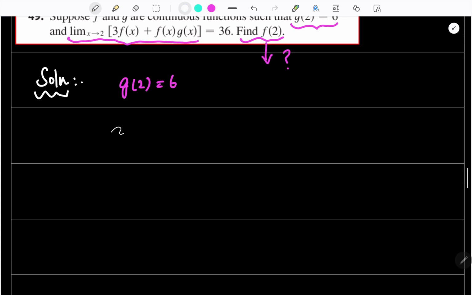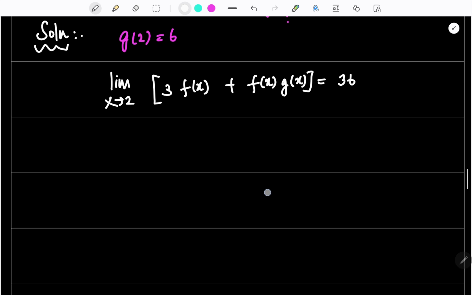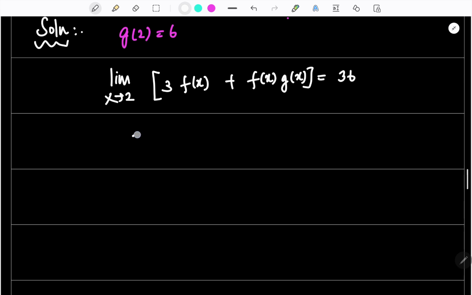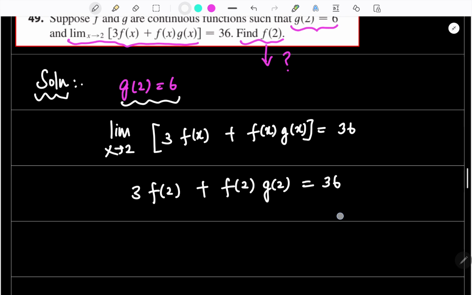Right, so let me write this one. Limit x goes to 2, 3 times f of x plus f of x multiplied by g of x is equal to 36. Okay, let us start putting f of 2. So 3 times f of 2 plus f of 2 g of 2 is equal to 36. Clear? g of 2 is given how much? 6.